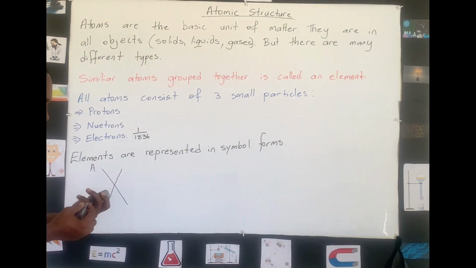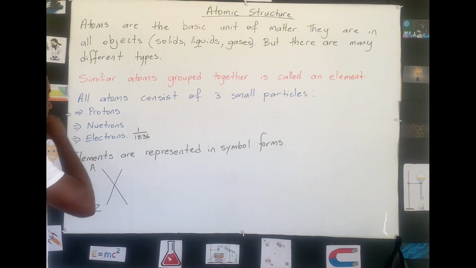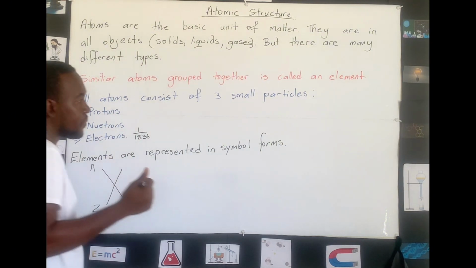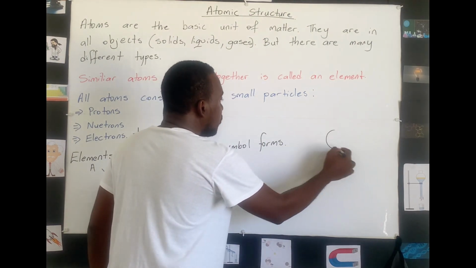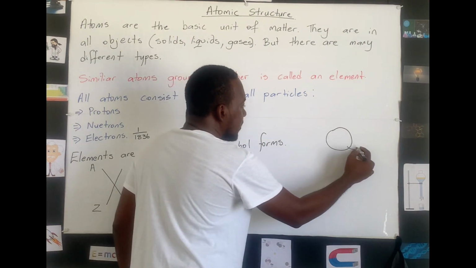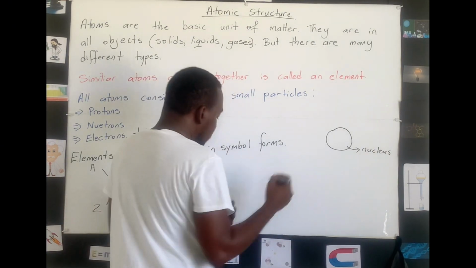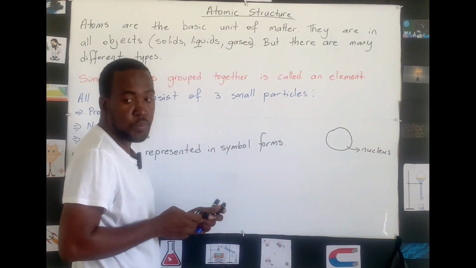Now, where are these particles found? In the atom, we have two parts. We have what we call the nucleus, which is in the center, right? And in the nucleus, we have two particles.